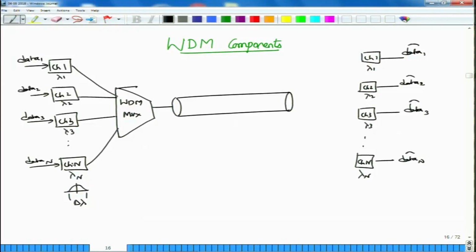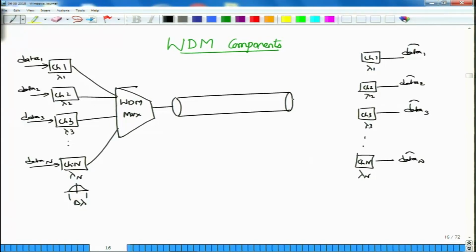On the wavelength axis, these channels are all separately occupying their own slots, that is, data is occupying their own slots in their appropriate channels. What this WDM multiplexer will do is combine all these optical signals into one stream and then launch it into the optical fiber, and these are combined at the same time. It's not like you first take lambda 1, launch it in, then lambda 2, launch it in, and so on. They are all combined at the same time. So that is the WDM multiplexer's job.